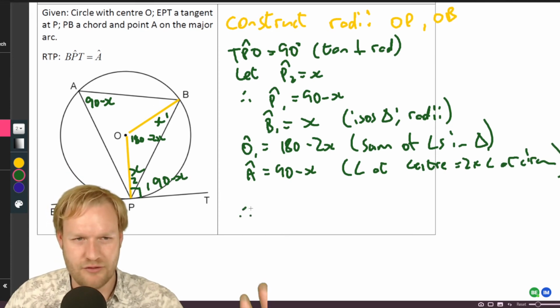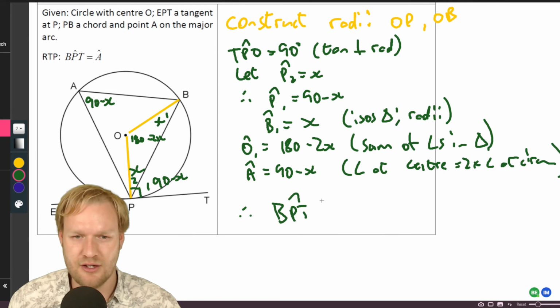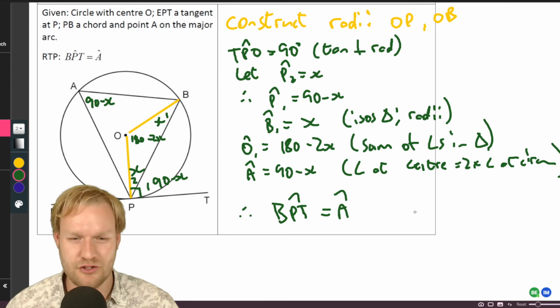So therefore, what we've shown is that BPT, well, that was 90 minus x, that's 90 minus x, they're the same. So we've shown that those two are equal.